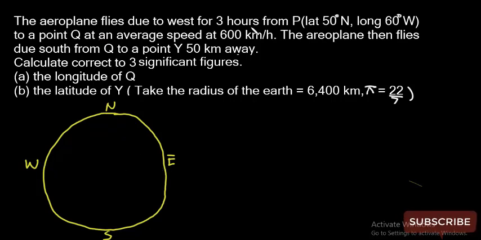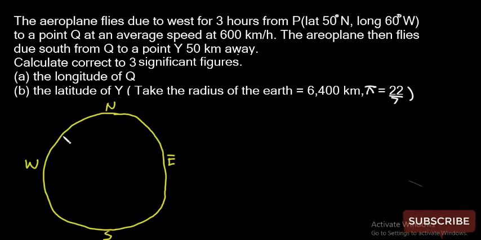Alright, so let's dive into the question straight ahead. Let's indicate latitude 50 degrees north and longitude 60 degrees west. As I said, from the equator, the latitude varies from 90 degrees north to 90 degrees south. So start from the equator here, start counting up to 90 degrees.